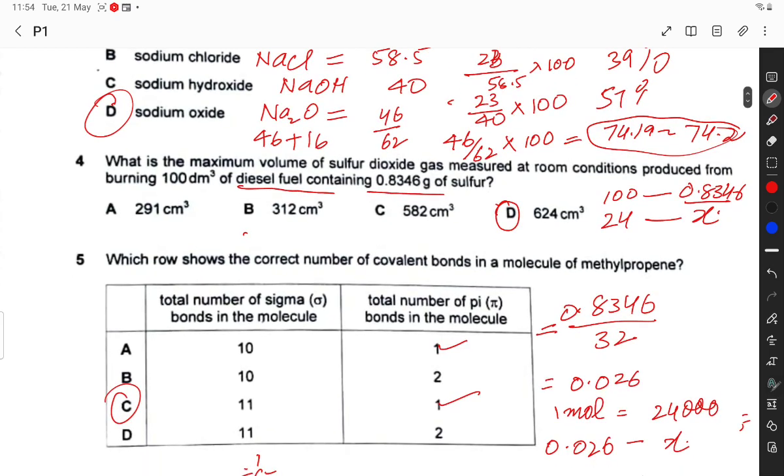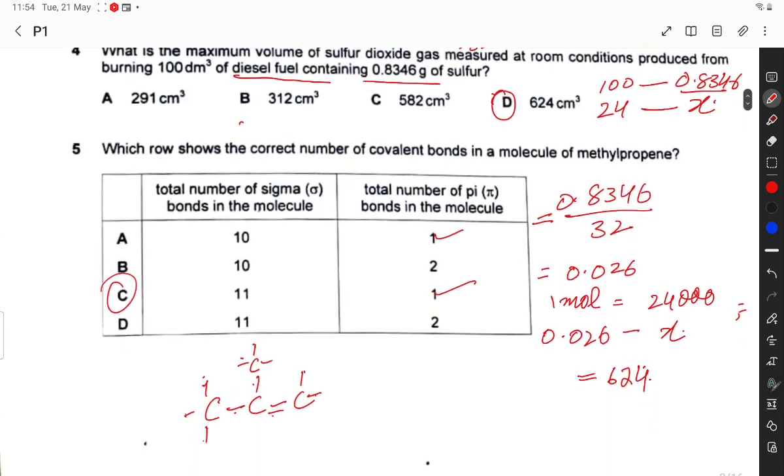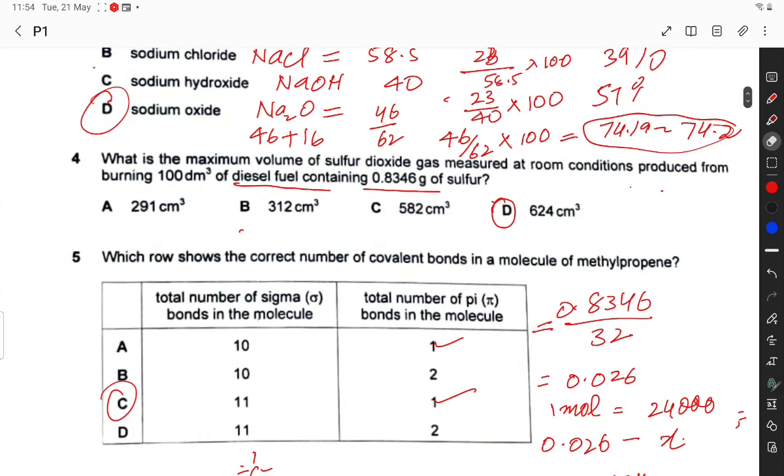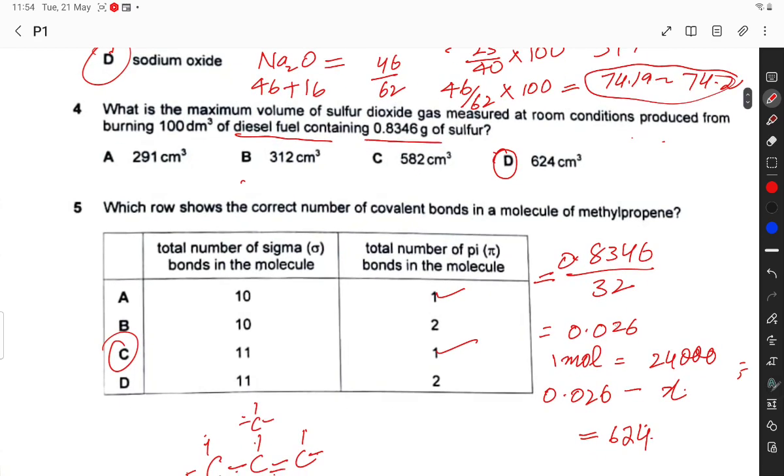First calculate the Mr and moles. This is the moles of sulfur, 0.346 divided by 32, and we get 0.026.